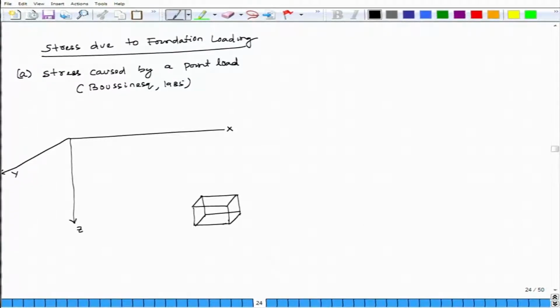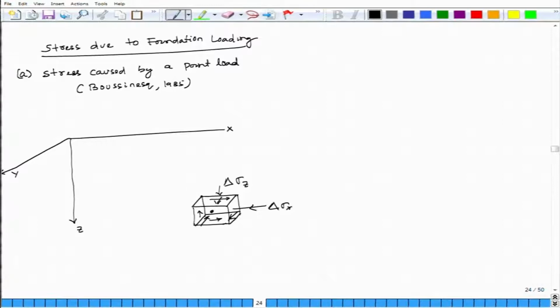Here you can show it, if you take a point here, then you can show it this way, this way, this way, and here you are showing this way, and this will be your delta sigma z. Similarly, here it is coming delta sigma x. So, it will have this way.